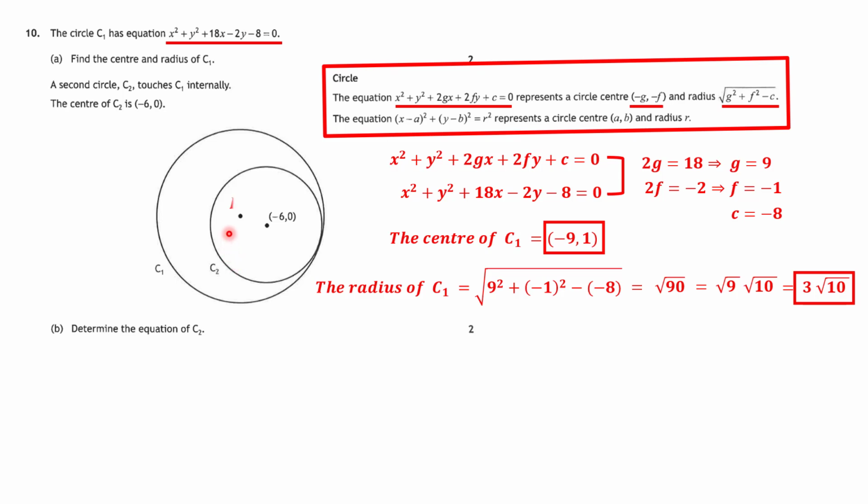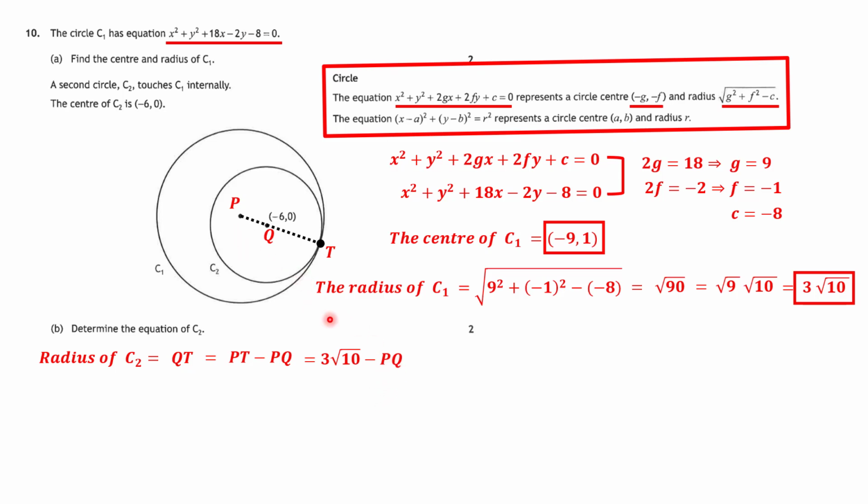So let's call the centre of C1 P, the centre of C2 Q, and the tangent point T. If we draw a straight line, P, Q and T will be collinear, so we can say that the radius of C2 will be given by the length QT, and that's going to equal PT, which is the radius of C1, take away PQ. So PT is replaced by 3 √10. So we have 3 √10 take away PQ.